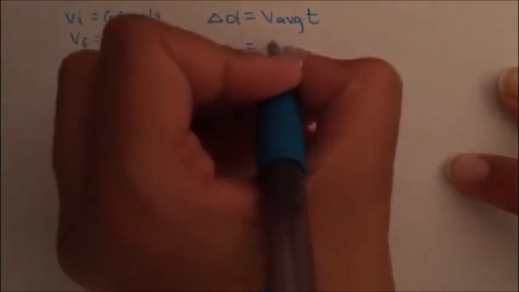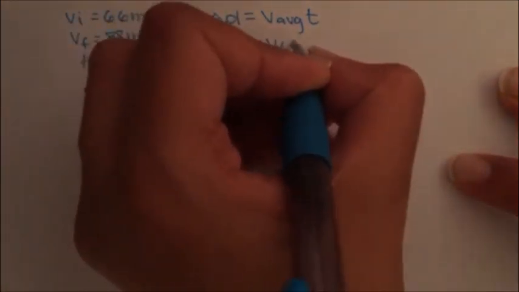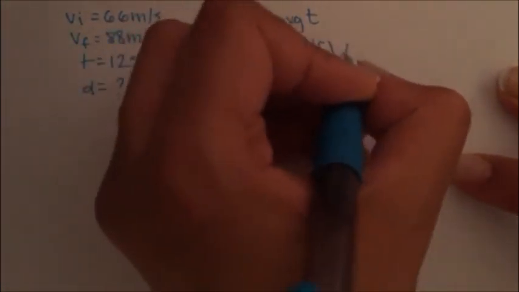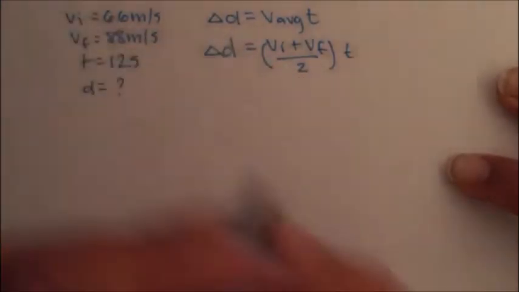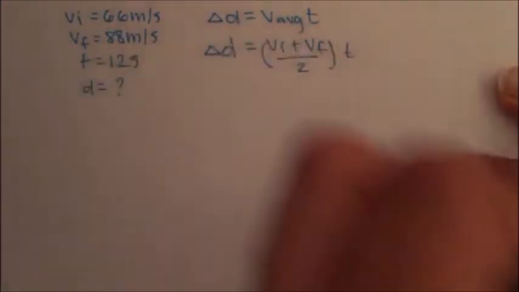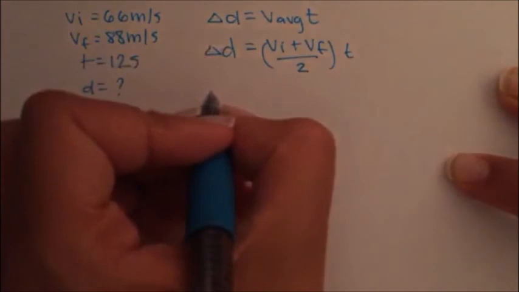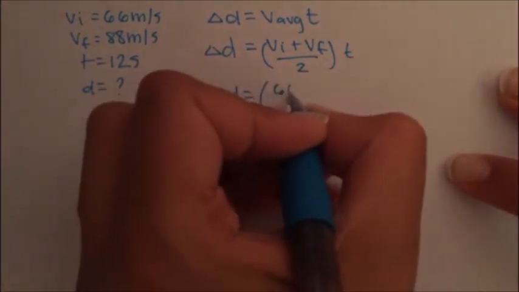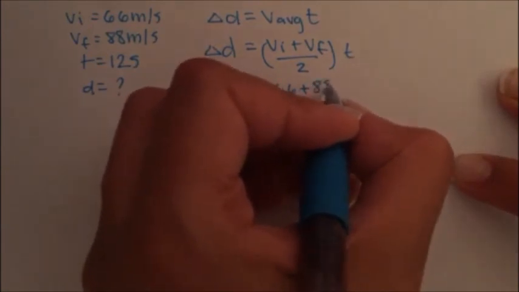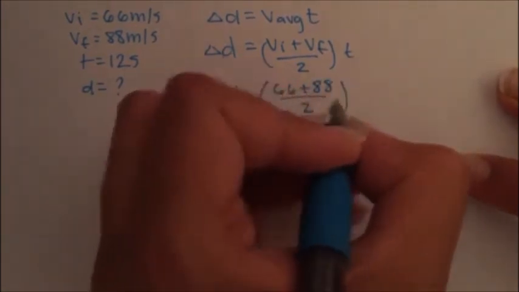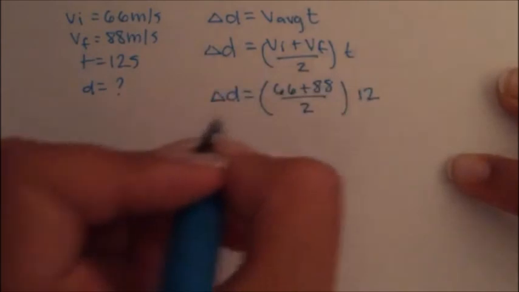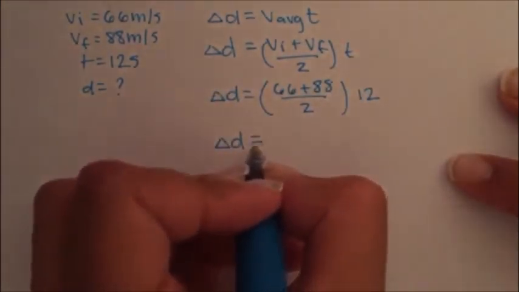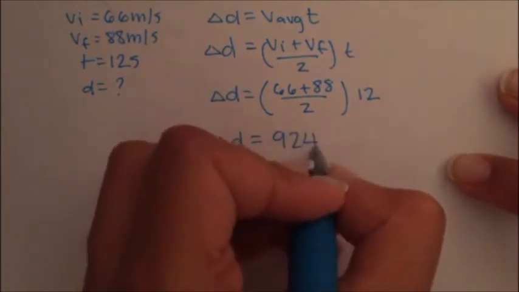So this would be the initial velocity plus the final velocity divided by 2, times the time, which should give us our displacement. So now we're going to plug in our values. The displacement equals the initial velocity of 66 plus the final velocity of 88, divided by 2, times the time of 12 seconds. And if you put this into your calculator, you would get a distance of 924 meters.